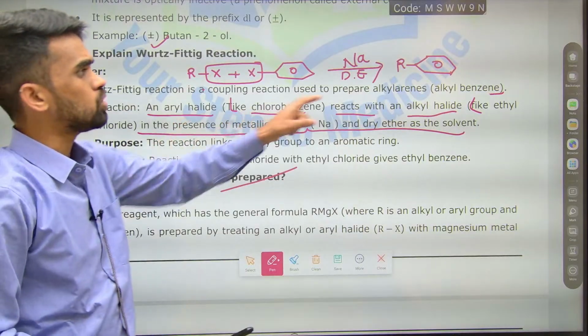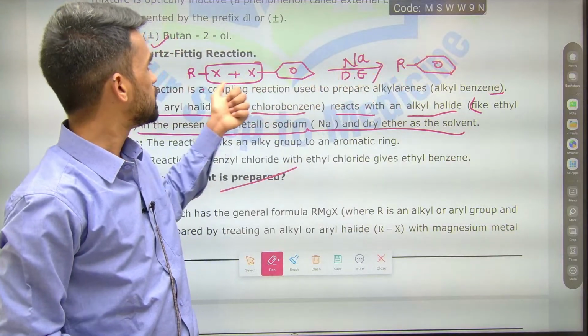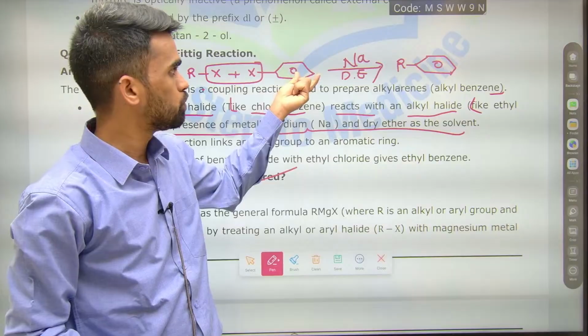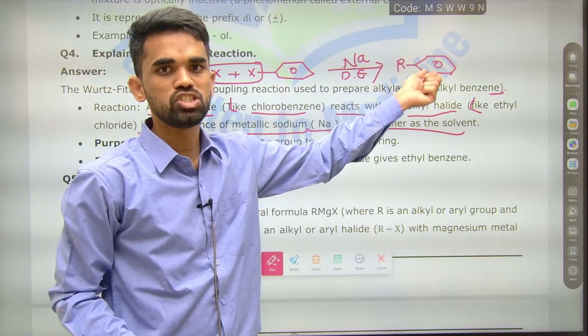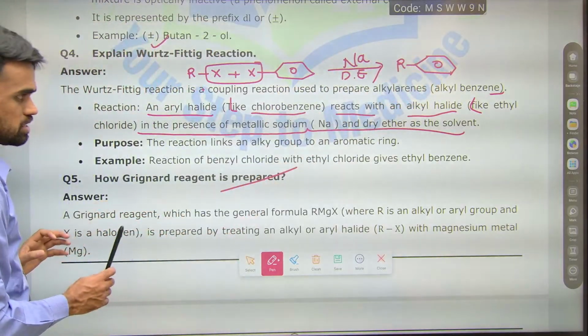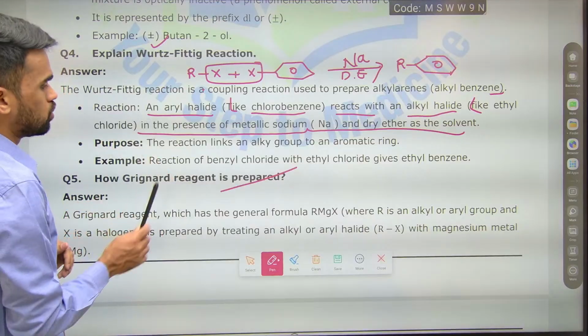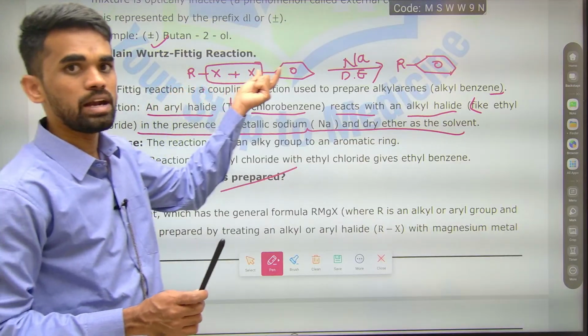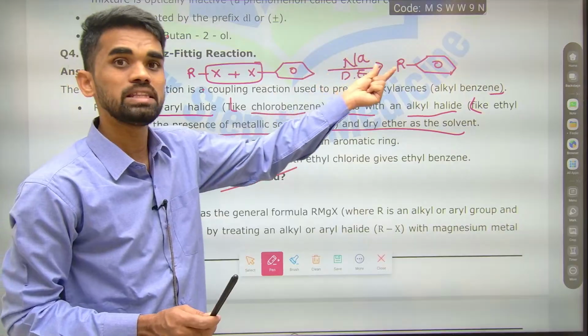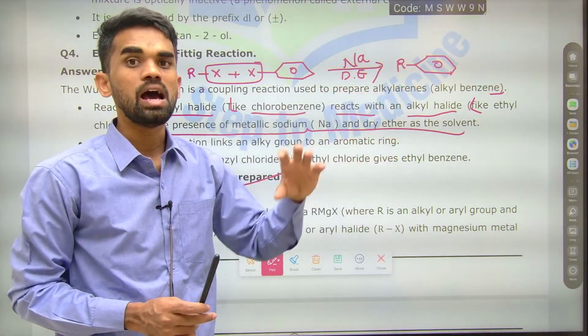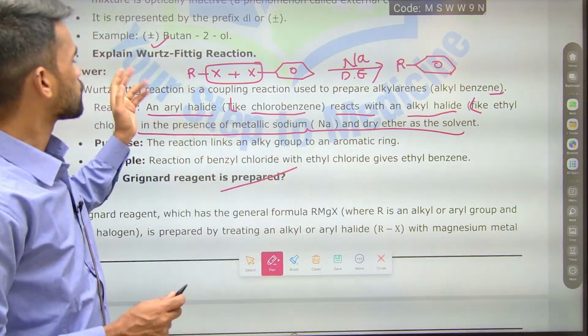So that gives you alkyl benzenes. If I take methyl chloride and chlorobenzene, you are going to get methylbenzene. Toluene will be prepared in that way. If you are taking ethyl chloride and chlorobenzene, you are going to get ethylbenzene. Like that we can make alkyl benzenes from the Wurtz-Fittig reaction.